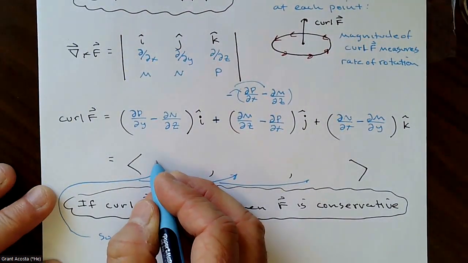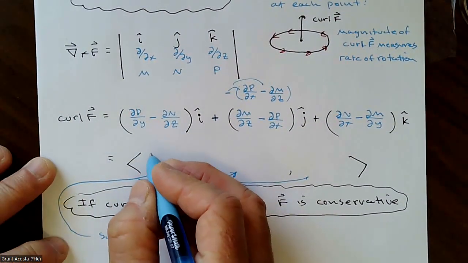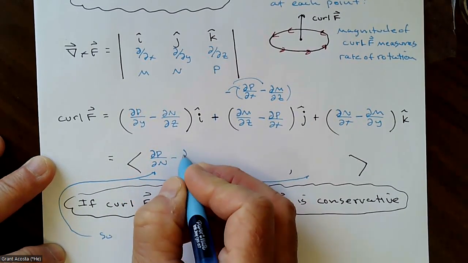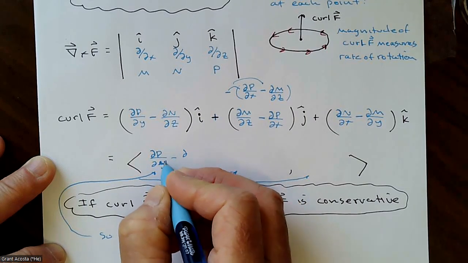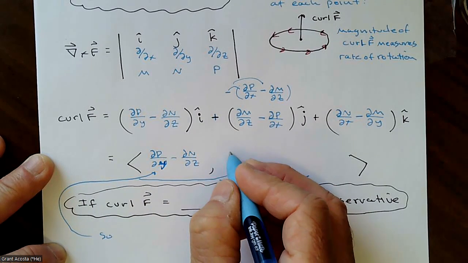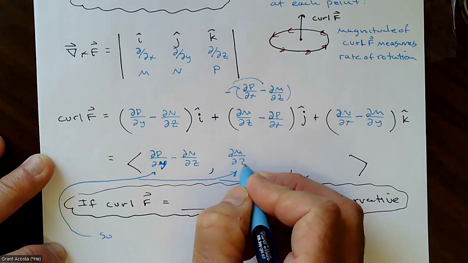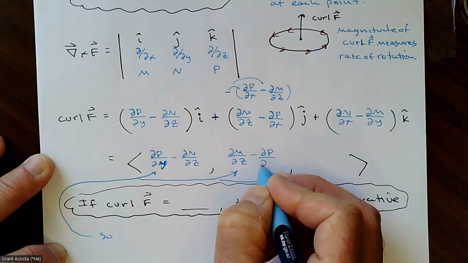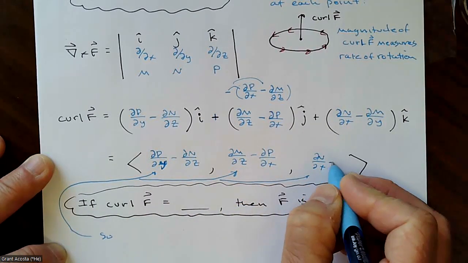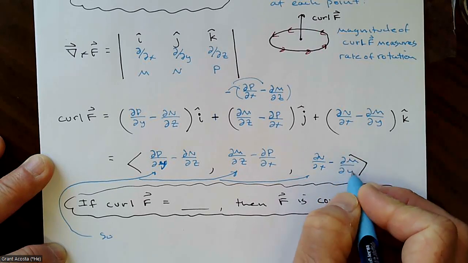And so I think here I was just going to write this in vector form. So this is the partial of P with respect to y minus the partial of N with respect to z, the partial of M with respect to z minus the partial of P with respect to x, the partial of N with respect to x minus the partial of M with respect to y.